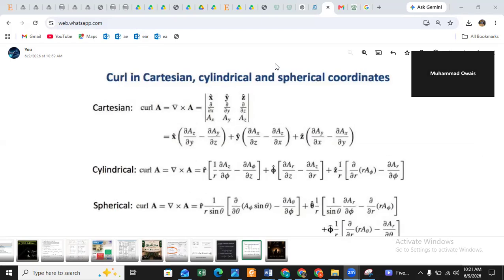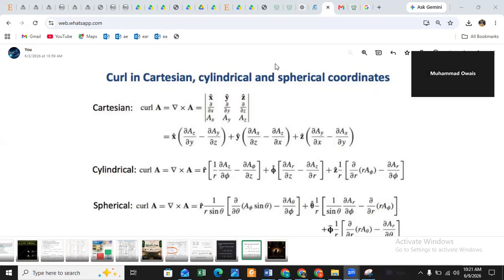So in the last classes, I discussed the series of concepts: divergence in Cartesian, cylindrical, and spherical coordinate systems. After the divergence, we discussed the gradient operation in rectangular, cylindrical, and spherical.